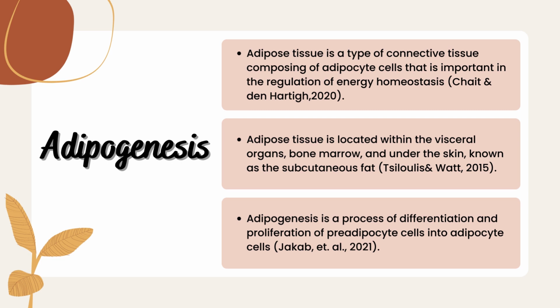There are two types of adipose tissue, which are brown adipose tissue and white adipose tissue. Brown adipose tissue releases energy as heat, while white adipose tissue stores excess energy as triglyceride.